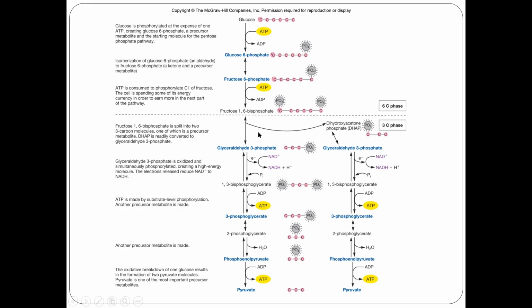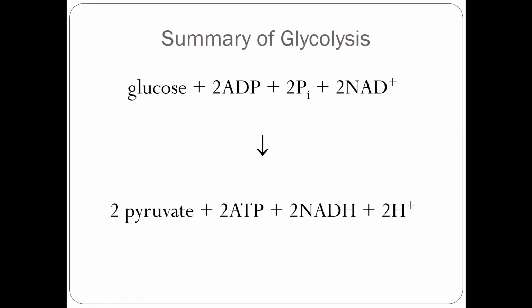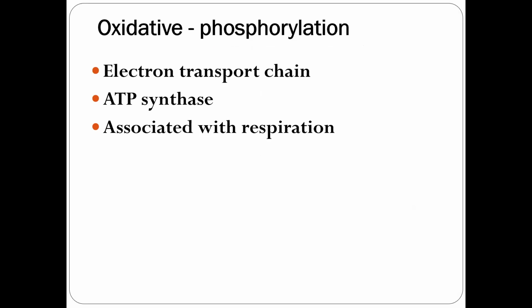And also remember, you have to double it because there are two 3-carbon chains. This is the final formula of glycolysis: glucose generates 2 pyruvate, with 2 ATPs. Now remember, this is a closed cycle, not related to the absence of oxygen. So we're going to talk a little bit more.